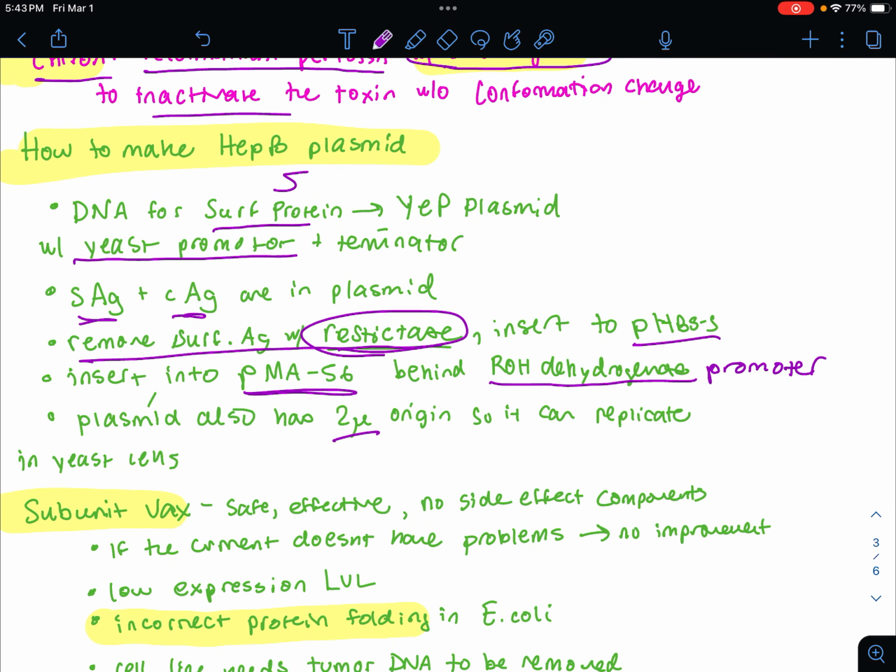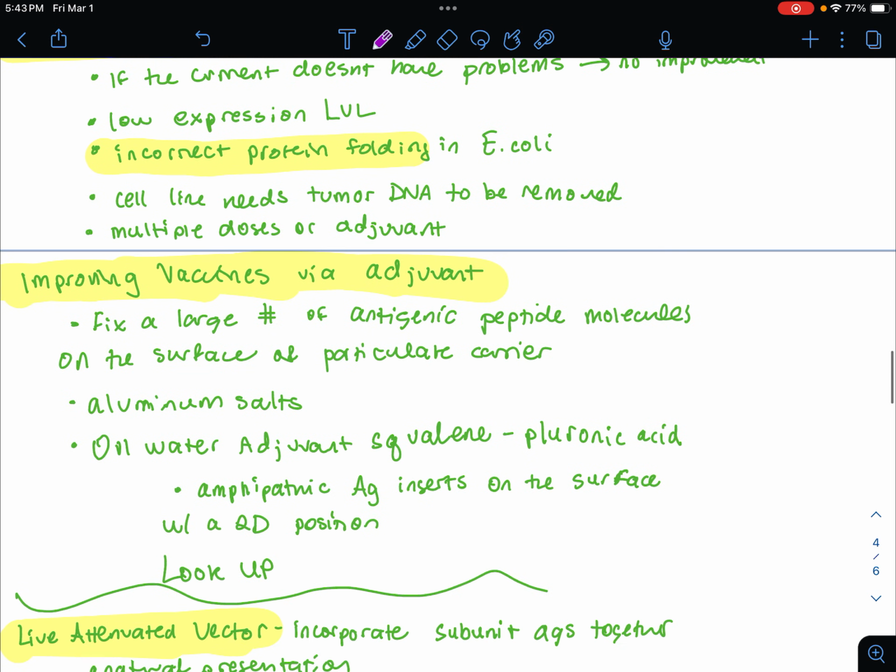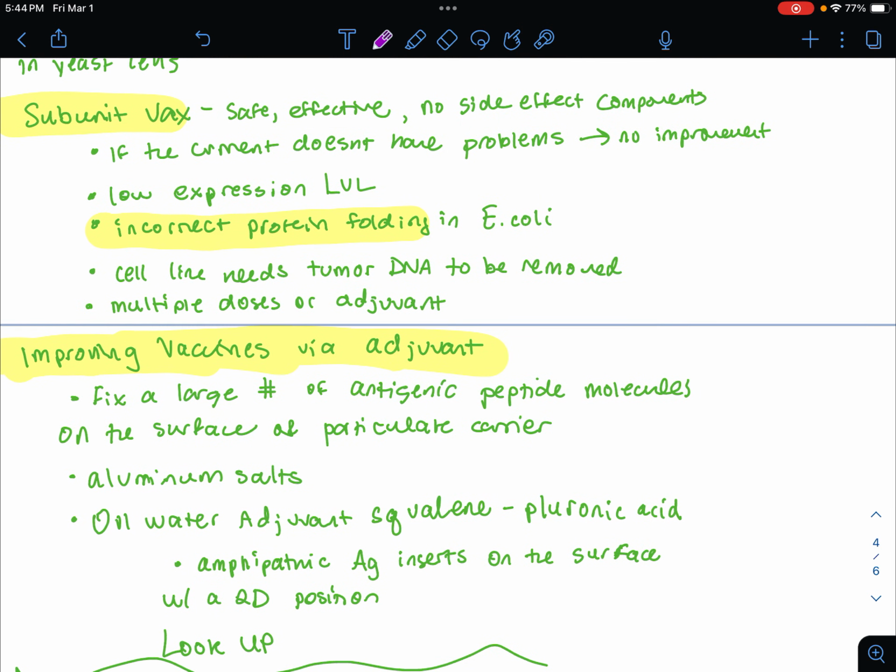Basically, you construct the plasmid by removing the SAG by restriction, and then you insert it into pHBS. Then you remove it and insert it into pMA56 behind the alcohol dehydrogenase promoter, and then you also add the 2-mu origin so it can replicate in the yeast. There's a diagram, but let's keep going.